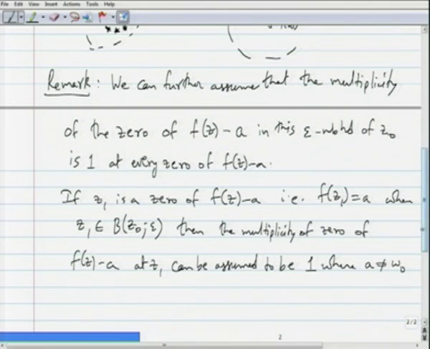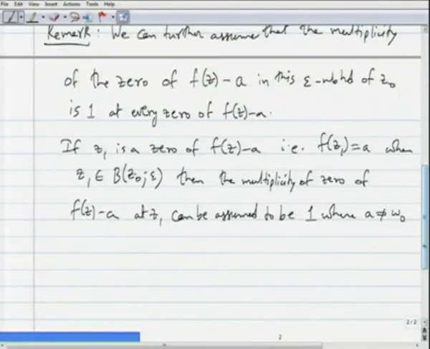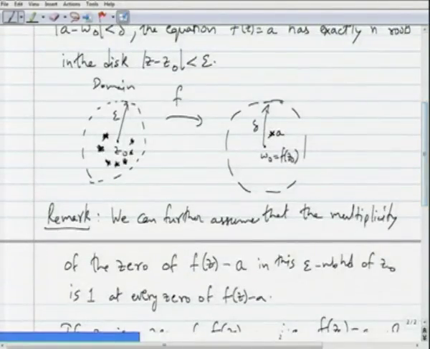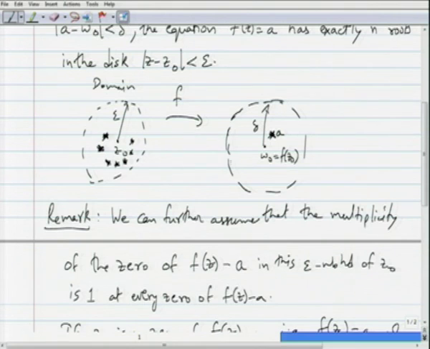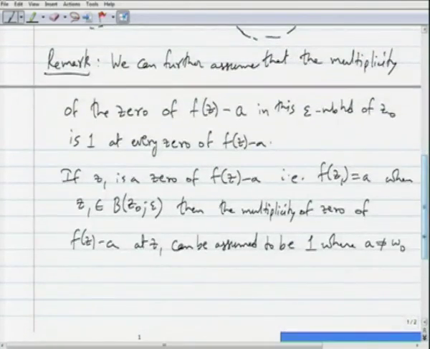So, for anything other than w naught, if I pick any A here, referring to this picture, which is not w naught itself, then each of these points which hits A is a zero of f of z minus A, and the multiplicity of the zero at that point z 1 of f of z minus A can be assumed to be 1.